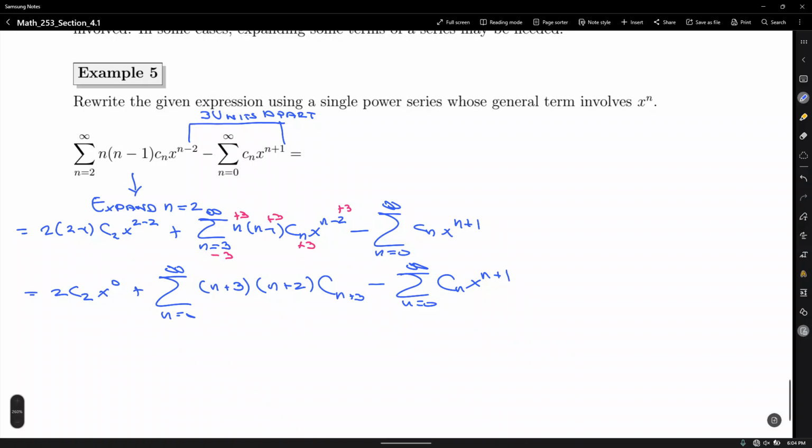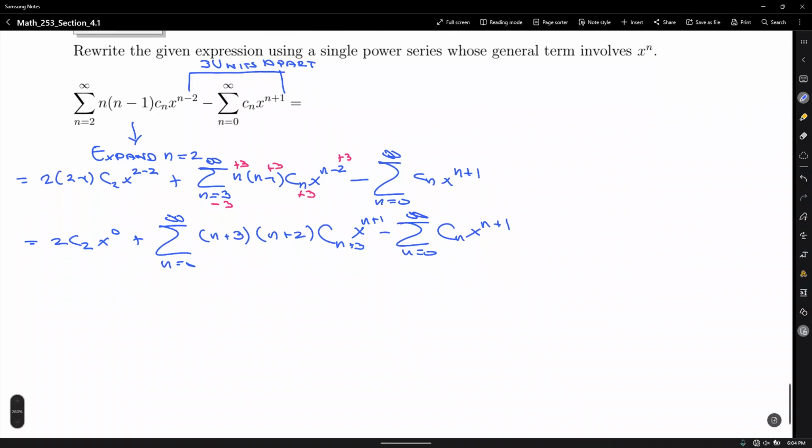Now that we finally have x to the n plus 1 in both, now we have two like series. They have the same starting index, the same power of x.